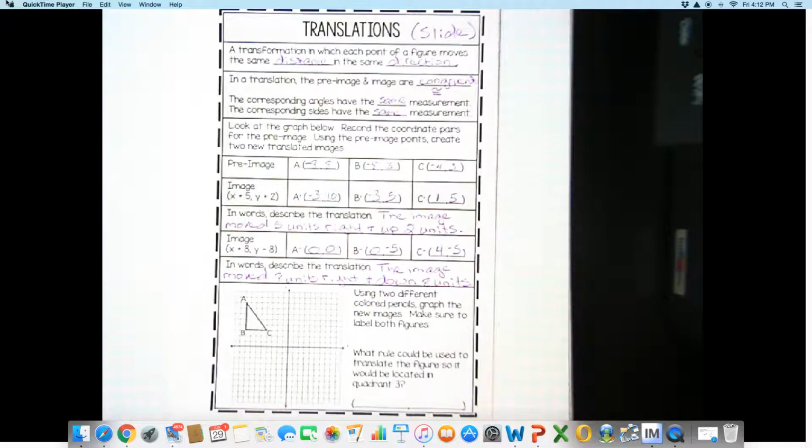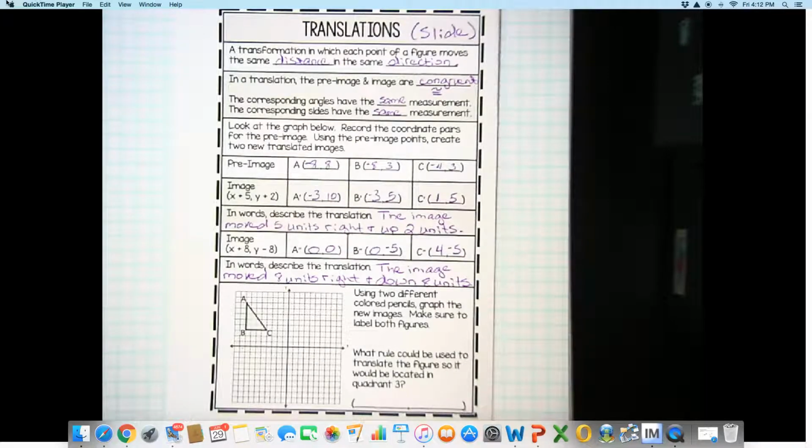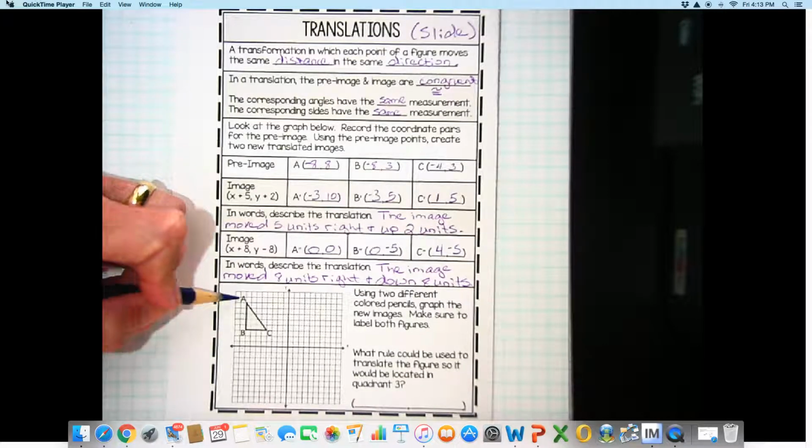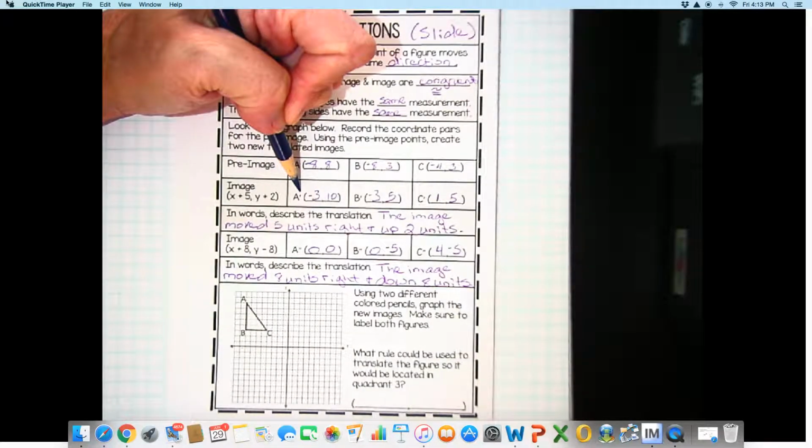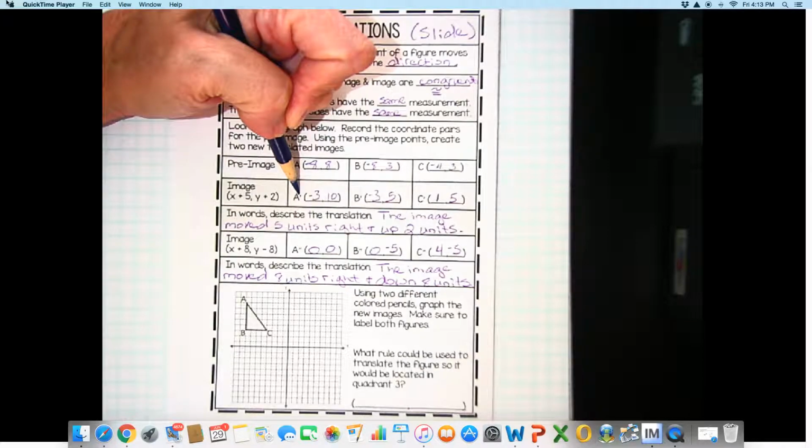Okay, so let's graph them and see what they look like. Right, so it says using 2 different colored pencils, graph the new images. Make sure to label both figures. Okay, so when we label these, our original ones are A, B, and C. Our new ones, and it looks like it up here, see this little line next to the A here?